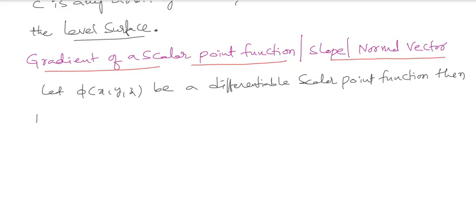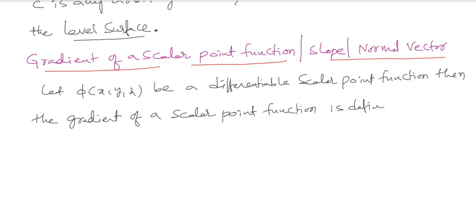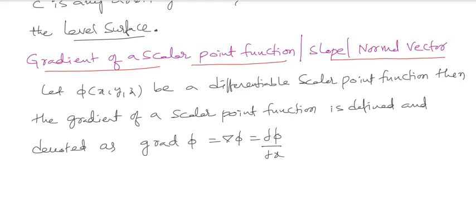Then the gradient of a scalar point function is defined and denoted as grad phi, which is equivalent to del phi, which is dou phi by dou x into i bar plus dou phi by dou y into j bar plus dou phi by dou z into k bar, where phi is what?